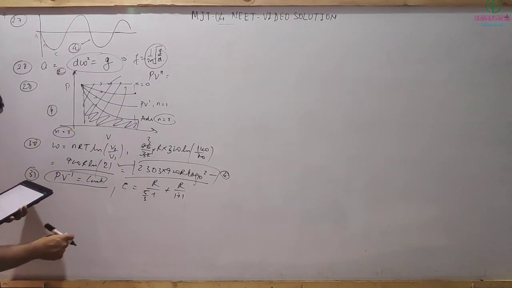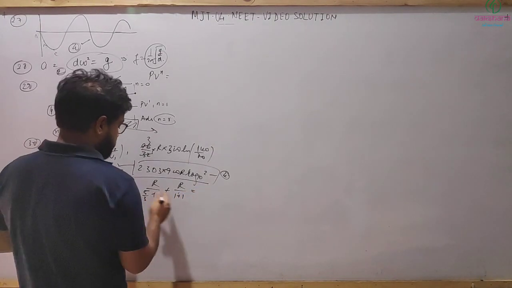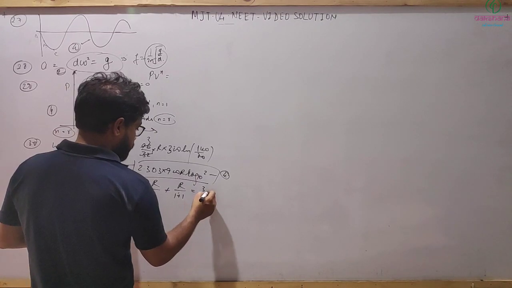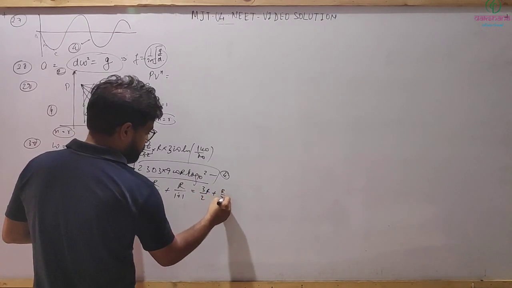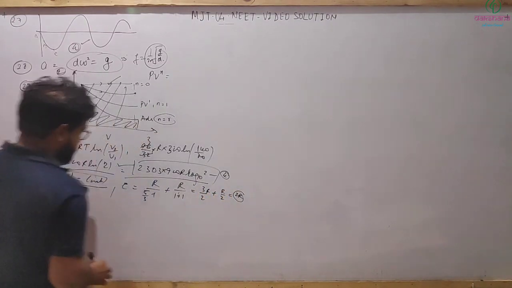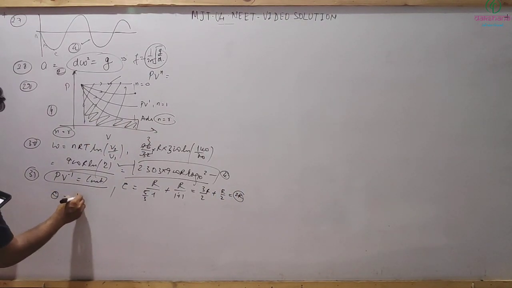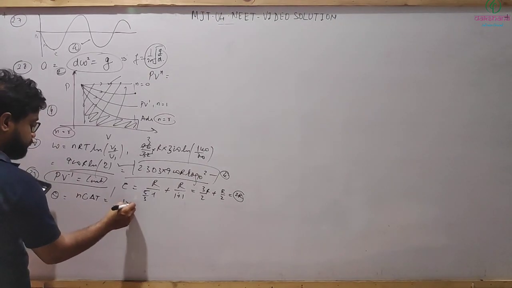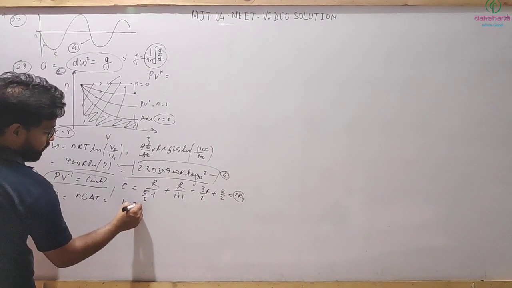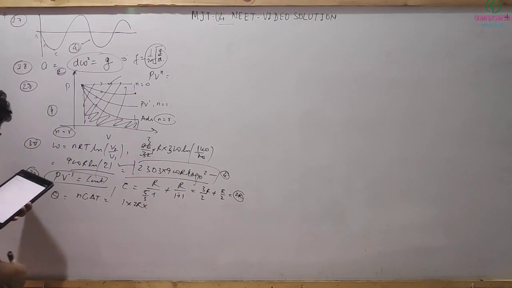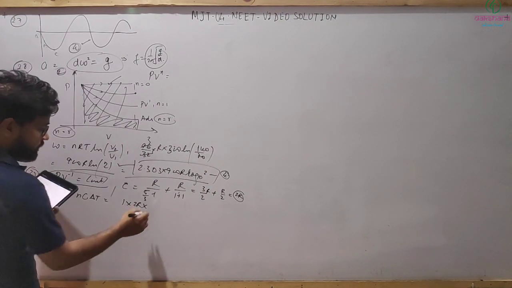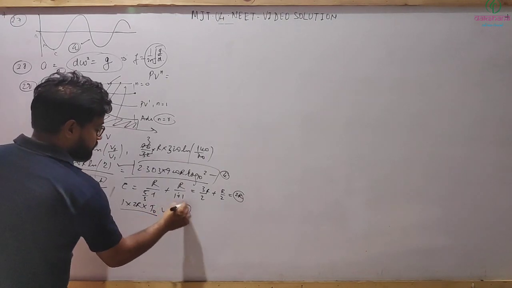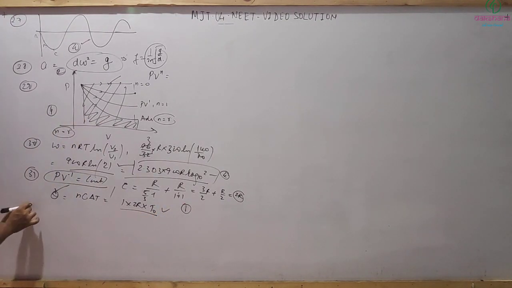Solving this, we get 3R by 2 plus R by 2, that's equal to 2R. Then heat supplied is equal to n C delta T. Here n is 1, C is 2R, and delta T is T0, so 2R T0 will be the heat supplied, matching with option number 1.